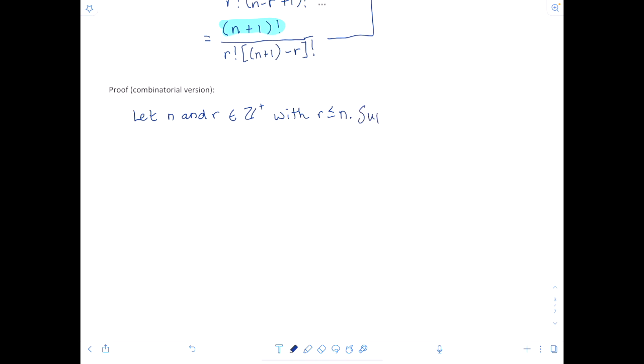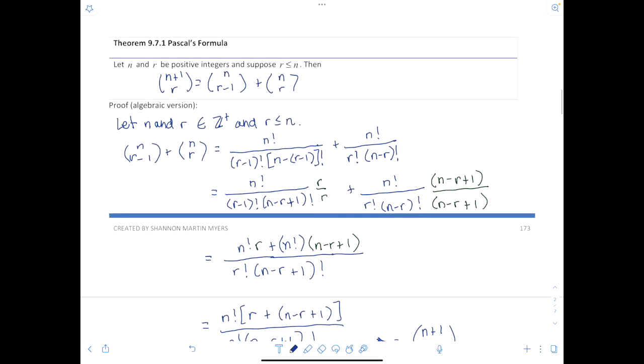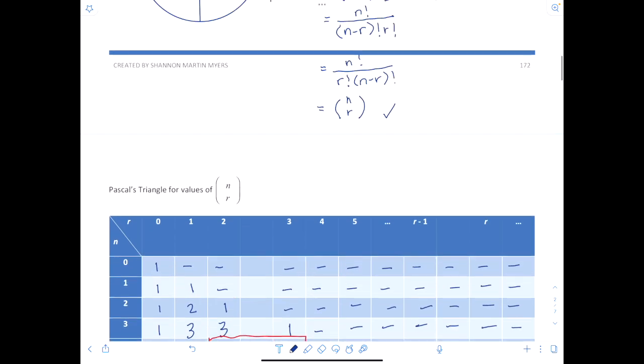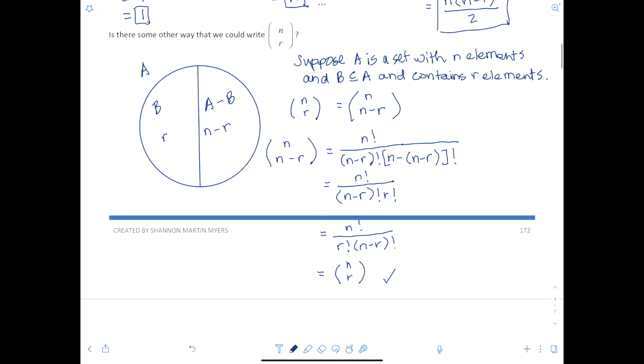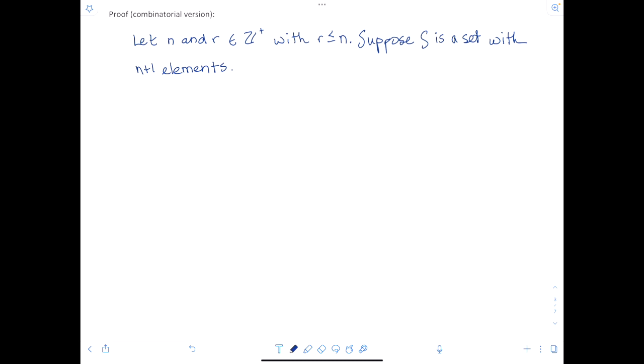Now, suppose S is a set with n plus 1 elements. So here, just to remind you of the formula, we're talking about sets now, kind of like we did up here, the set A and then the A and not B and all that good stuff. So S is a set with n plus 1 elements.